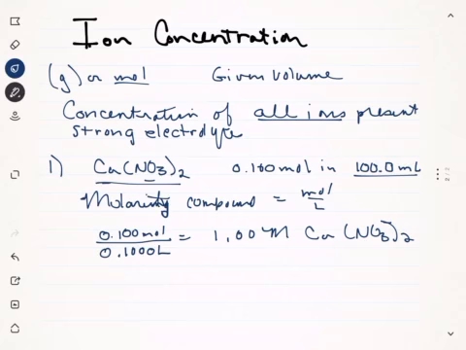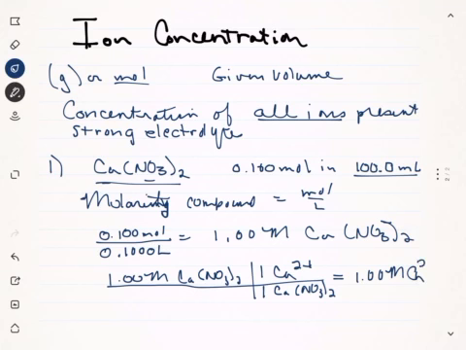Now, if we have 1.00 molar Ca(NO3)2, I could multiply this by a factor of 1 Ca(NO3)2 contains 1 Ca2+, which equals 1.00 molar Ca2+.